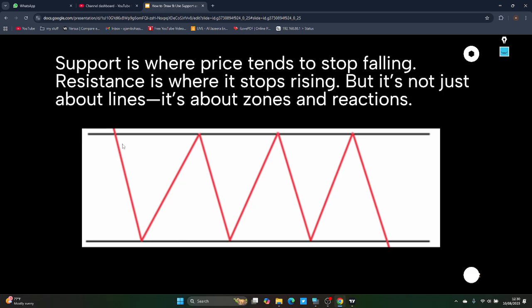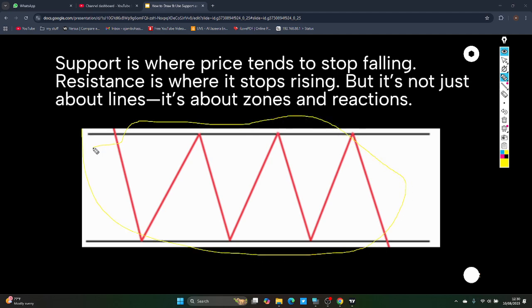When you're drawing them, you'll have to include some things that I'm going to show you in the next slide. Now see this as your chart, and these are your candlesticks moving up and down. This would be a ranging market. As price moves up and down, it creates support and resistance.